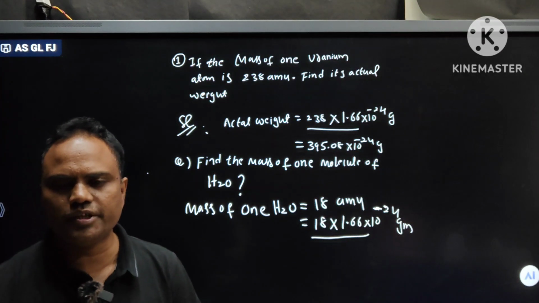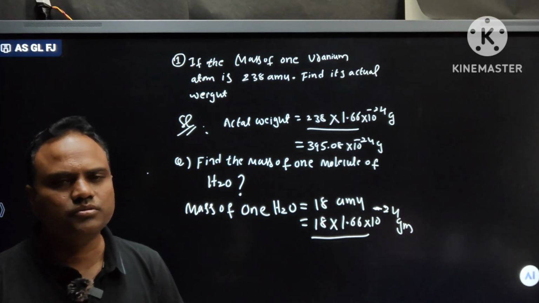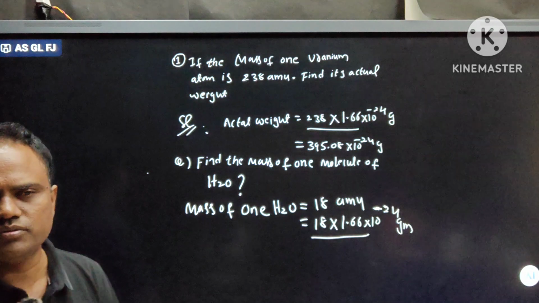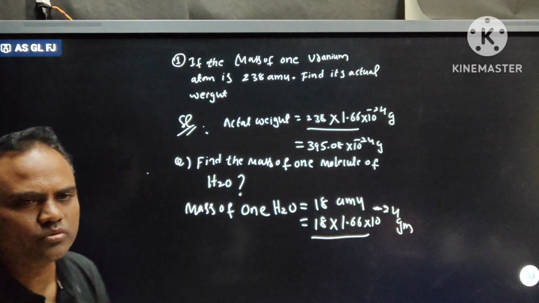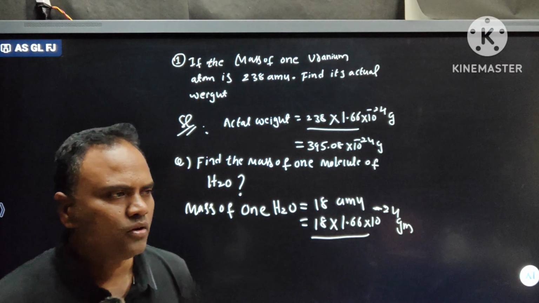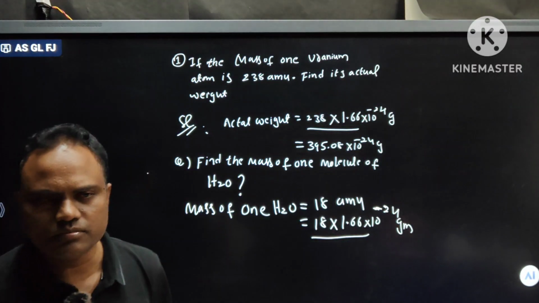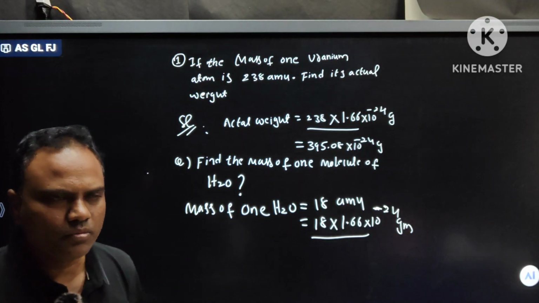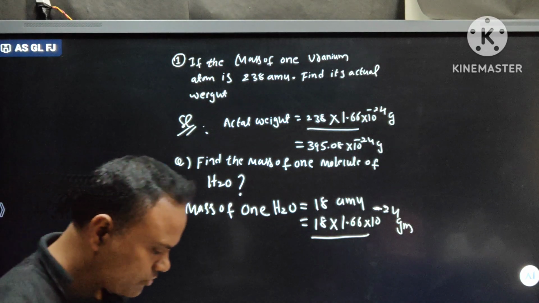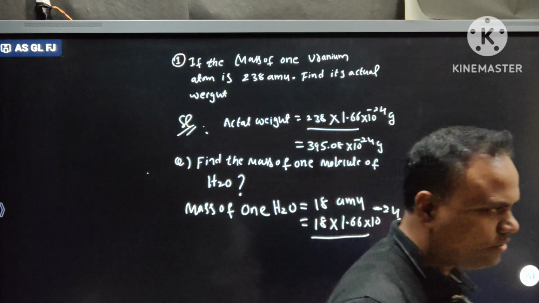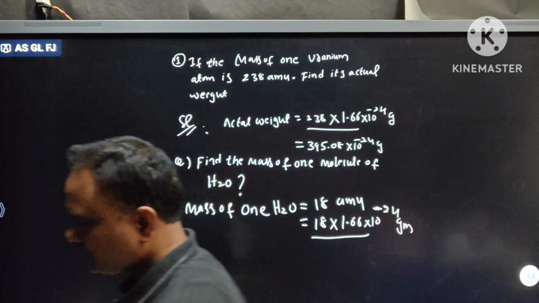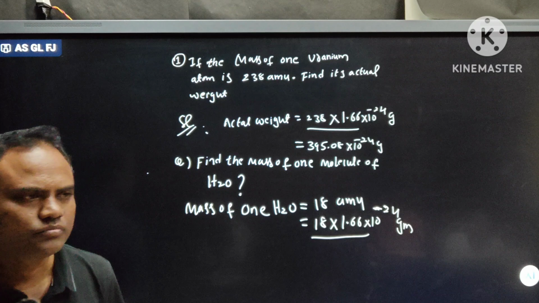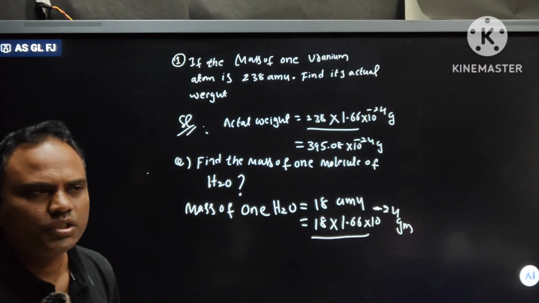CO2. What is the CO2 weight? CO2 weight is 44. So mass of one CO2 molecule is 44 AMU. One molecule, one atom will be expressed in terms of AMU only. Mass of one atom or mass of one molecule is expressed in AMU only. Clear?